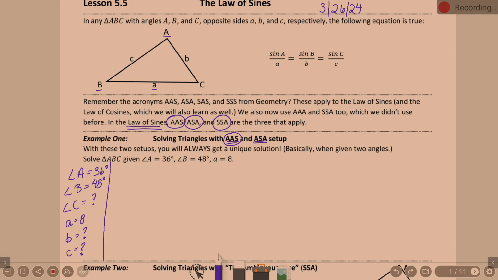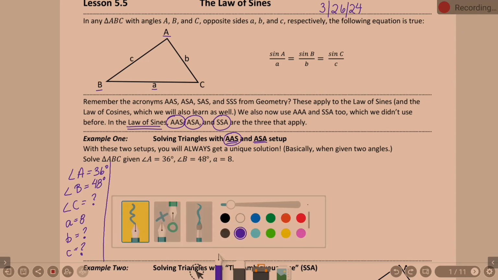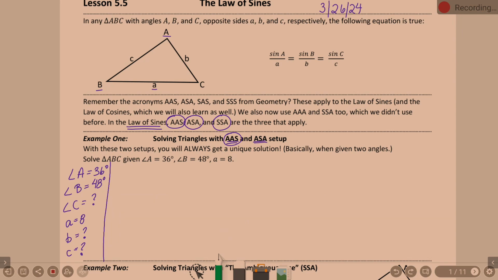Now, I'm going to claim one of these pieces of information we can find is old news. Angle C. How can we find angle C? Subtracting that by 180. Okay. All three angles in a triangle always add up to be 180, yes?